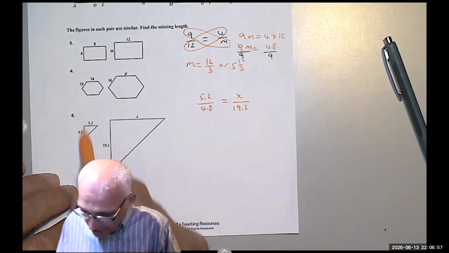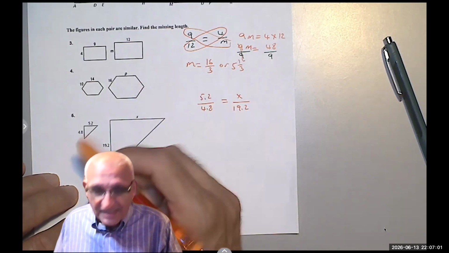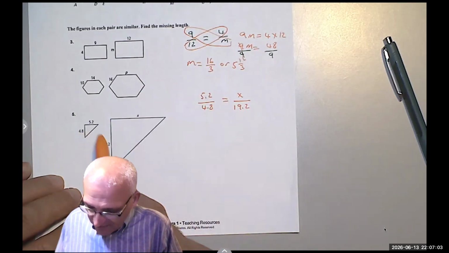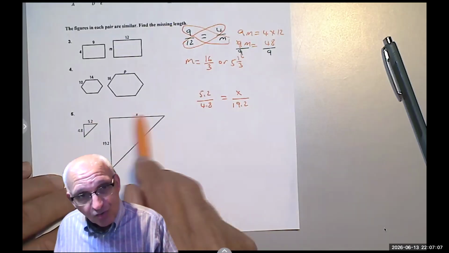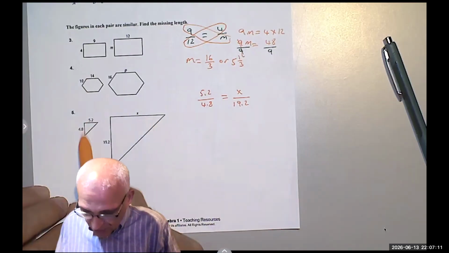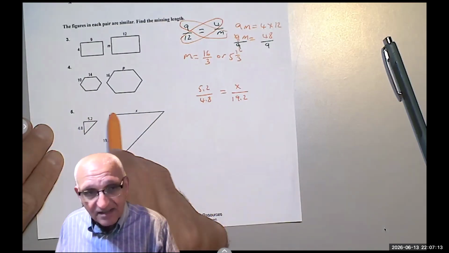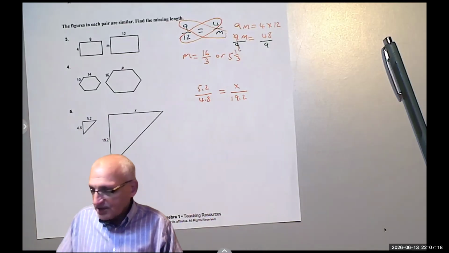I put this as a denominator, and I put that as a denominator. Or, as I said, I can divide 5.2 over x. So for the two corresponding sides, I started with the small one and ended with the big one. So I start with the small, and I say it's 4.8 divided by 19.2. Both of them are correct.